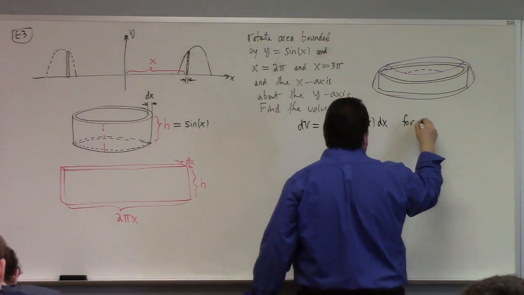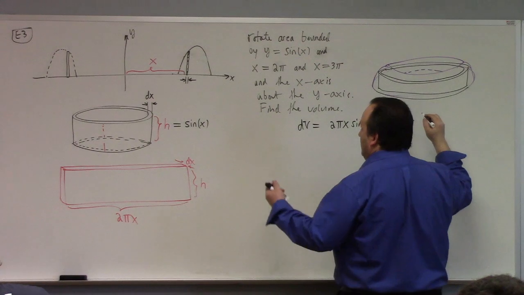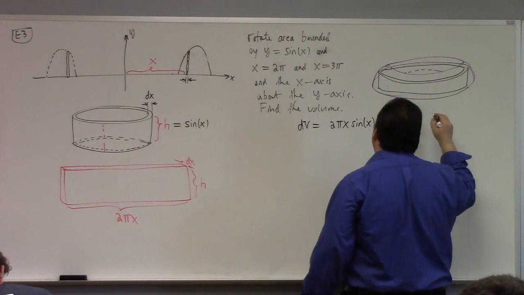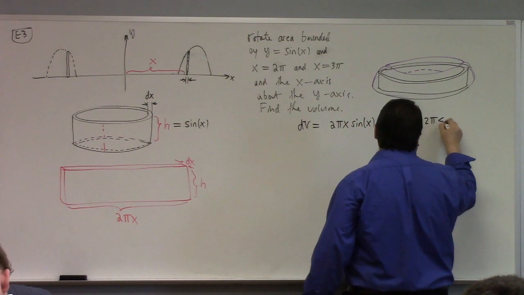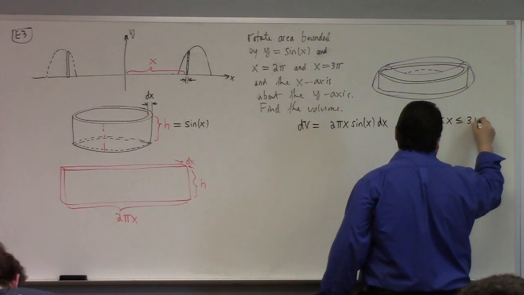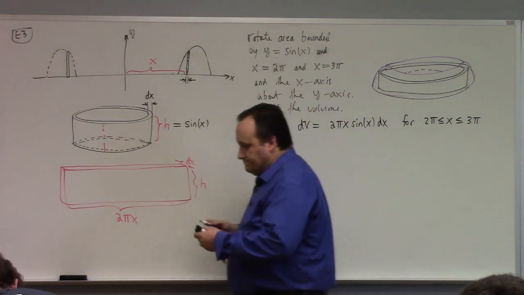And that's, by assumption here, for 2 pi less than or equal to x less than or equal to 3 pi.